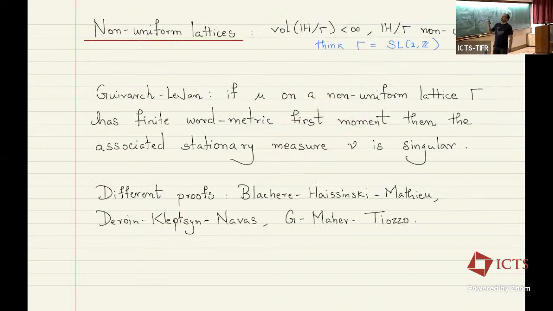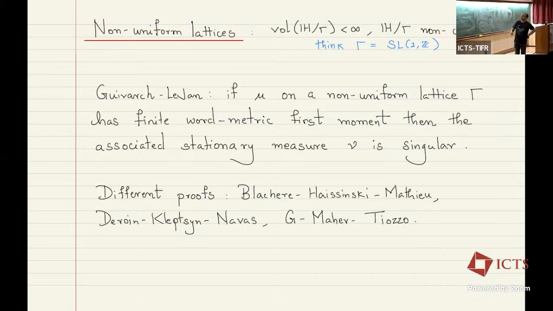Okay. For non-uniform lattices, in fact, what you can prove is, here is a partial answer to your question. Remember, non-uniform lattice means that the quotient is a finite area hyperbolic surface, so it has cusps, so in particular your group has parabolic elements.